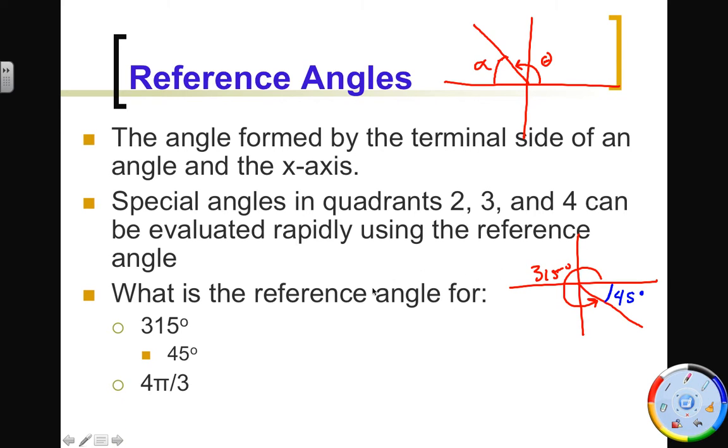What about 4 pi thirds? Here's where you have to start understanding how to count by fractions. Right here is 1 pi thirds, 2 pi thirds, 3 pi thirds, which is 180, and 4 pi thirds is right down here.